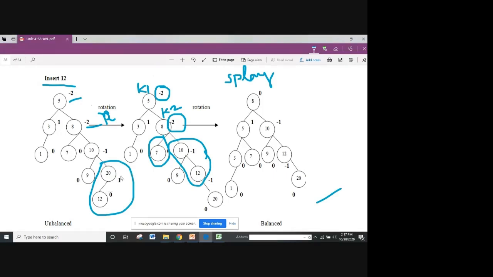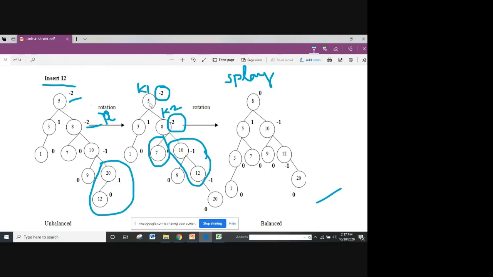Similarly, when you are writing, one will be taken as K1 and one as K2 when you rotate. So you have to assign the pointer in such a way that when you rotate both, when I take K1 and K2, I will assign the line as K2's left, because I know that 5 will be coming under the left of 8. So K2's left will be equal to the right of 5.